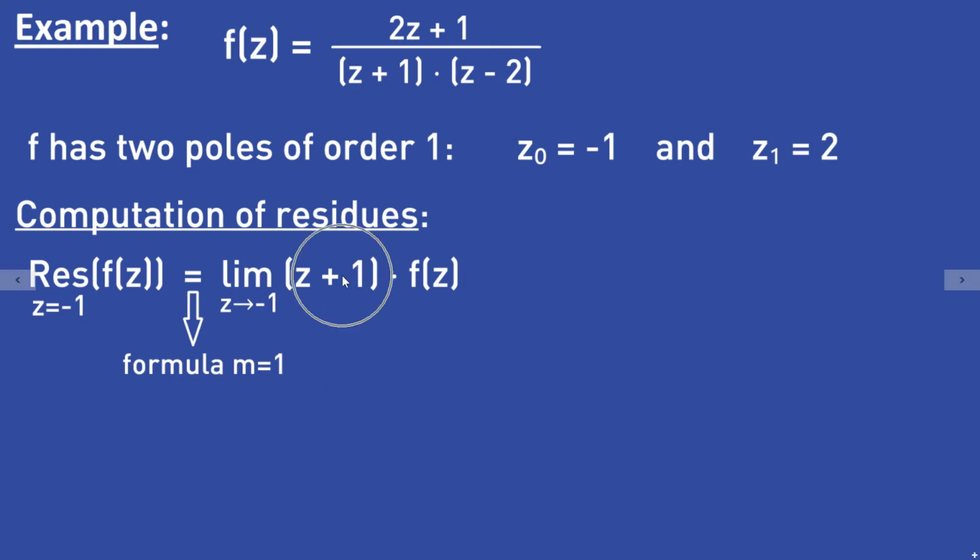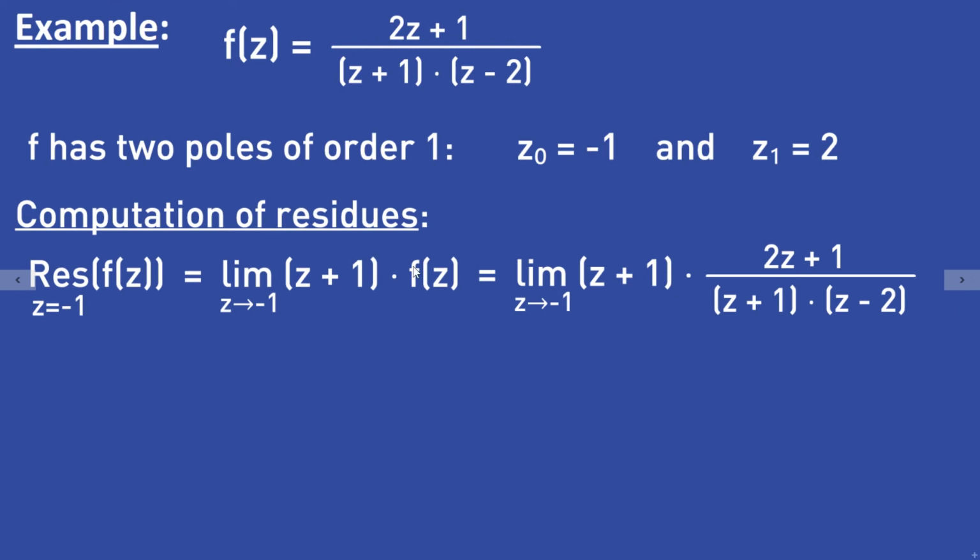Now this is equal to the limit z to minus 1 of (z plus 1) times (2z plus 1) divided by (z plus 1) times (z minus 2).